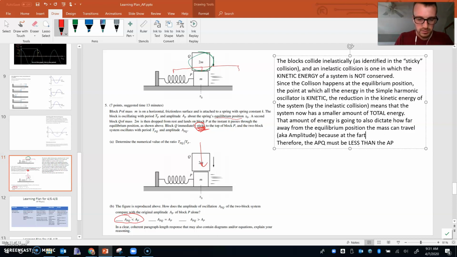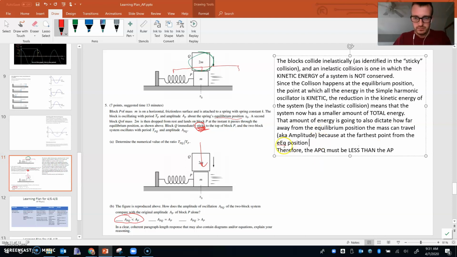at the farthest point from the equilibrium position, I'm going to abbreviate now, all the energy is stored as US. Since US, you're allowed to do this, they understand what you're talking about if they're physics people.